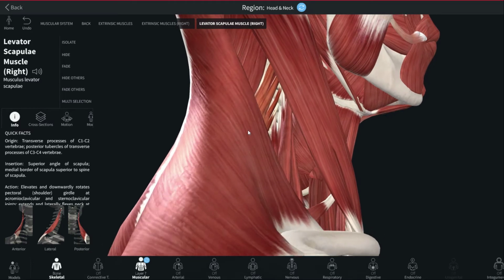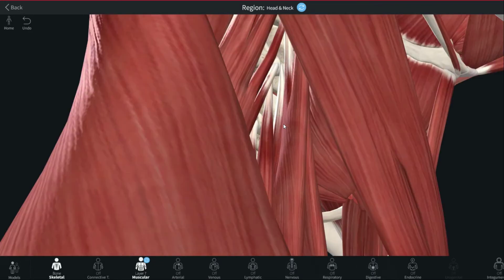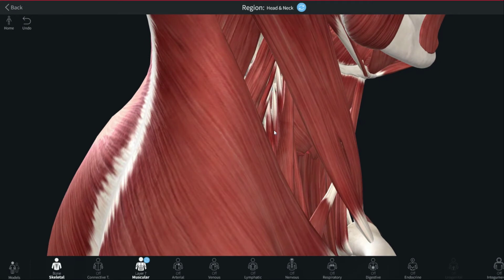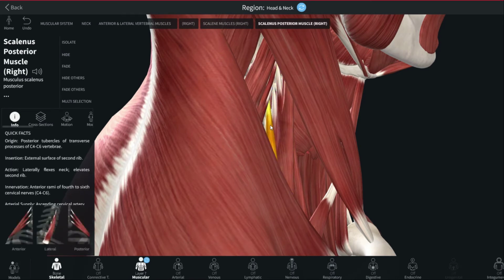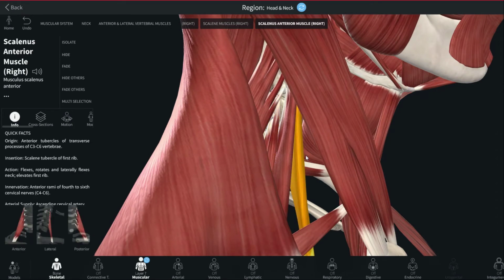Done? Done. Now, I would like to draw your attention to the next muscle. See, if you can see carefully, this over here is the scalenus medius muscle. But this over here is the scalenus posterior muscle. And this over here is the scalenus anterior muscle, right?